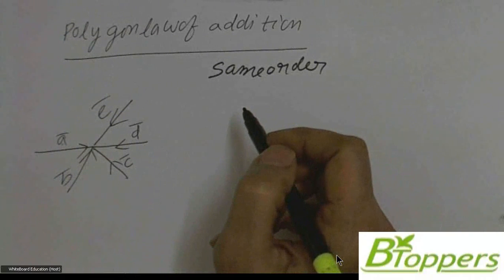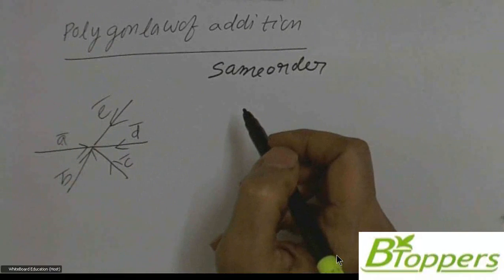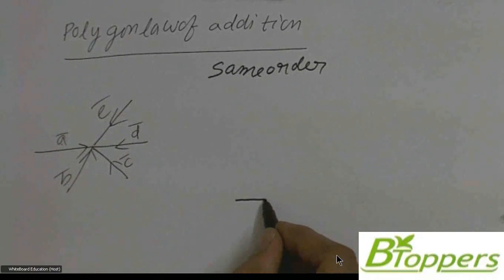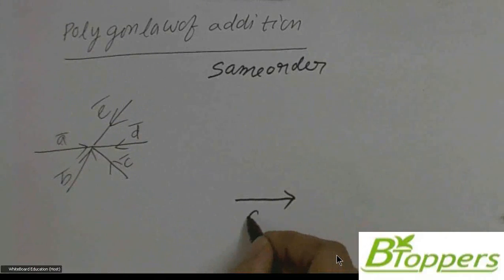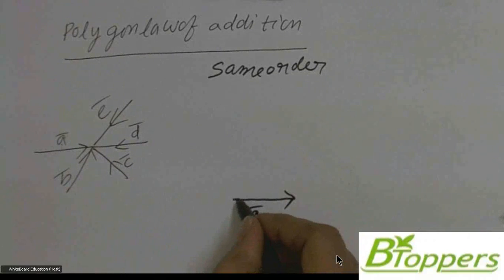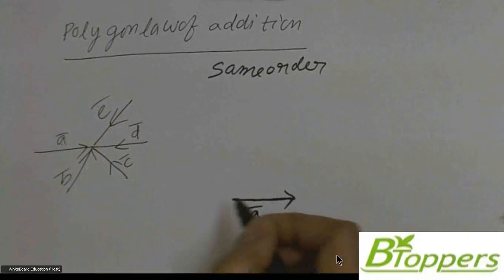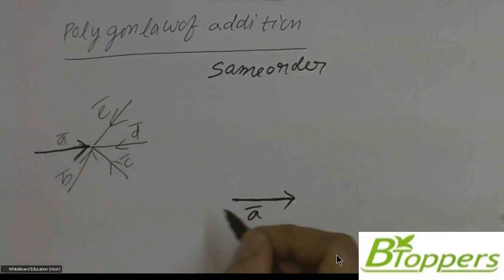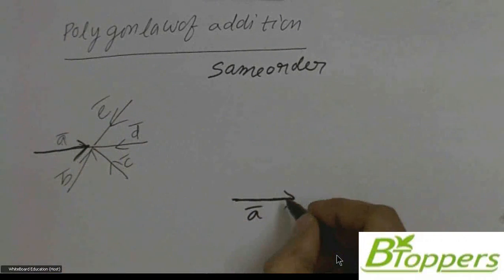Graphically, you can draw a vector at a different place in the diagram without changing its magnitude and direction. So you can draw the vector A bar this way. That means we draw this vector of the same length as this vector in the same or parallel direction.